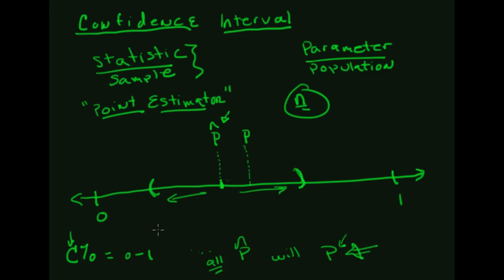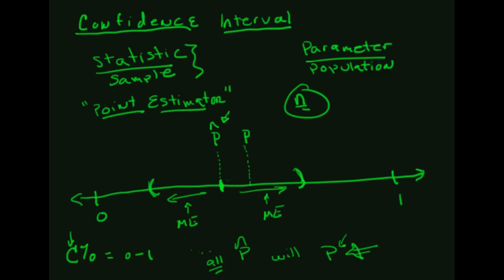This distance, the distance from the point estimate to the end of the interval, is what we call the margin of error. So as I decrease my confidence level, my margin of error will get smaller.